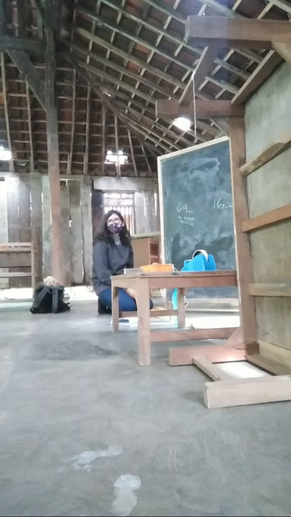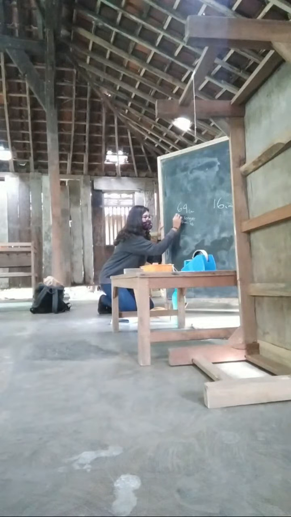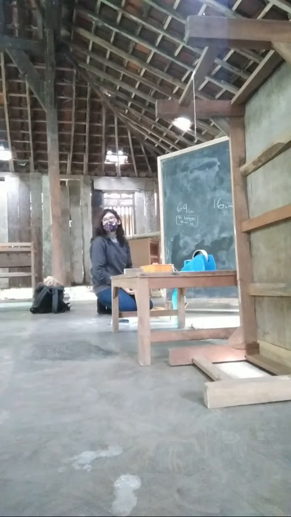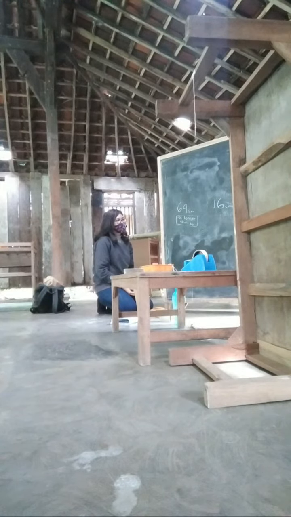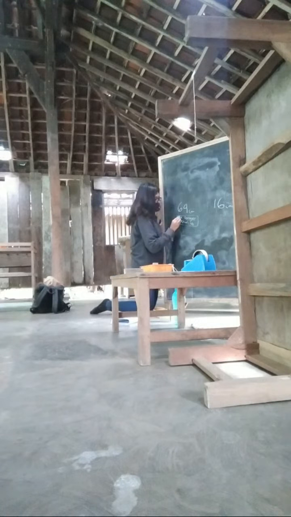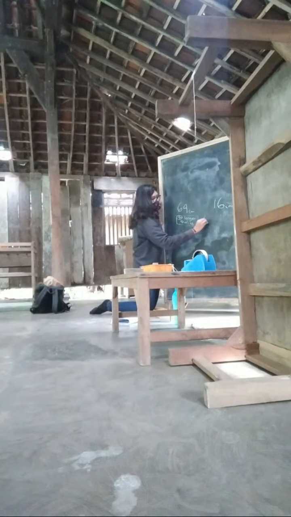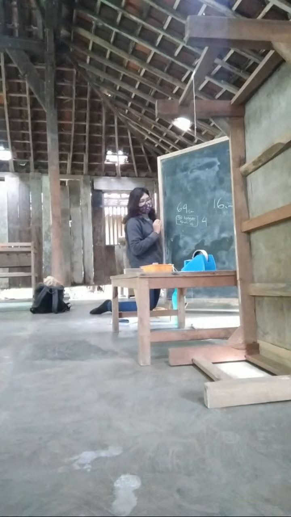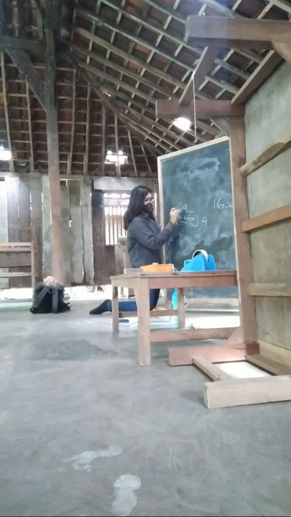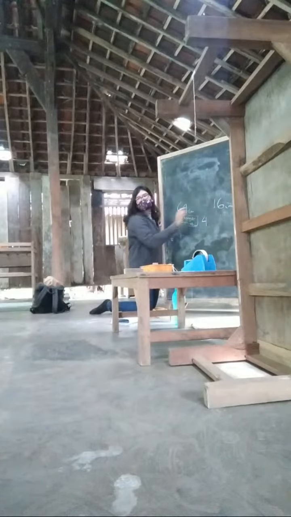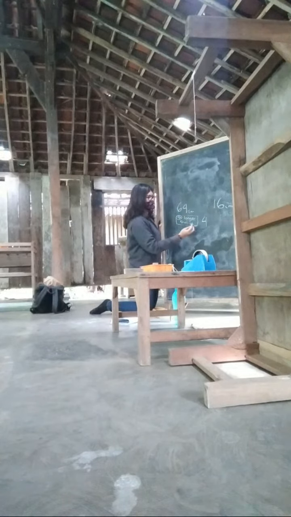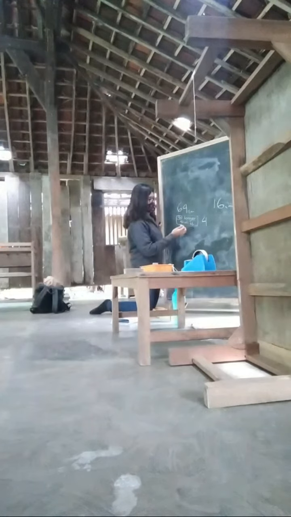Yeah, I have to write 4 times longer than 16. And then we have here the key of the number 4. Miss, isn't it supposed to be 64 centimeter is 4 times longer than 16, or only 4 times longer than 16? Actually, yeah, you can add centimeter here. 64 centimeter, 4 times longer than 16 centimeter. That's the perfect one. But if you want to write only the 16 because there is no space for centimeter, it's okay. You already understand.